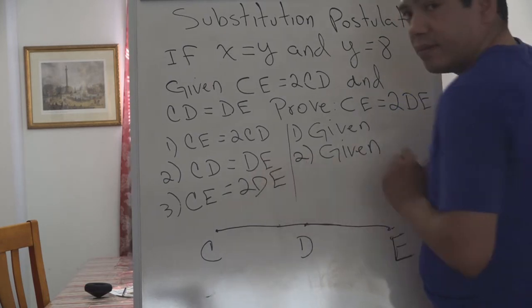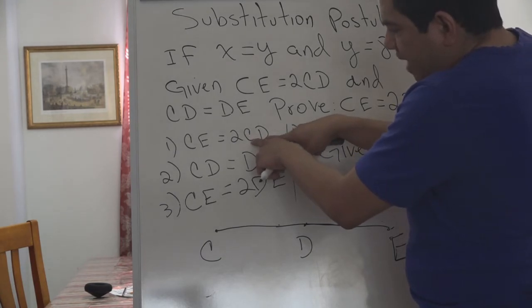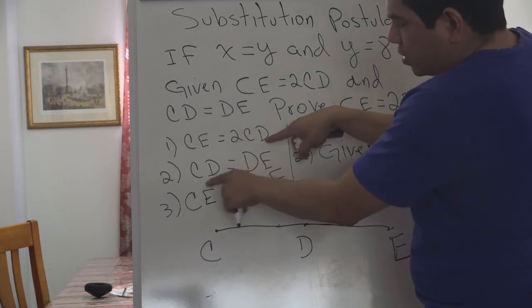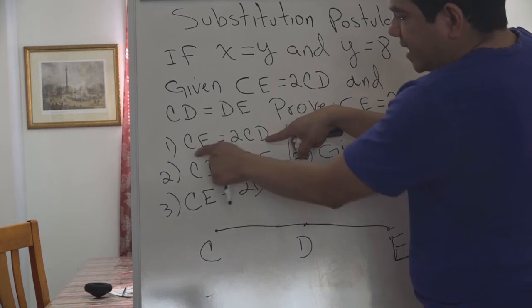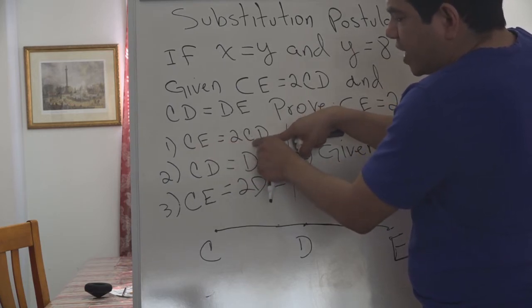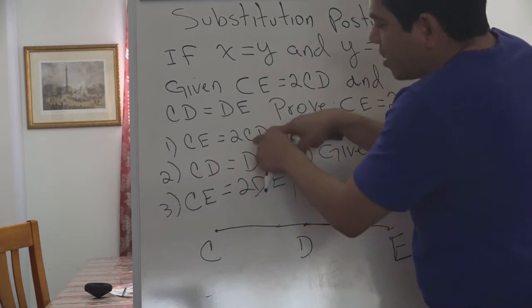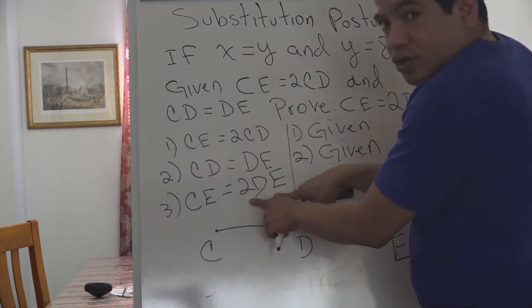In other words, knowing that these quantities are equal, and that this is 2 times this little length, then I can substitute equal quantities with equals. So instead of CD, I could just write DE over here. And that is my conclusion right here.